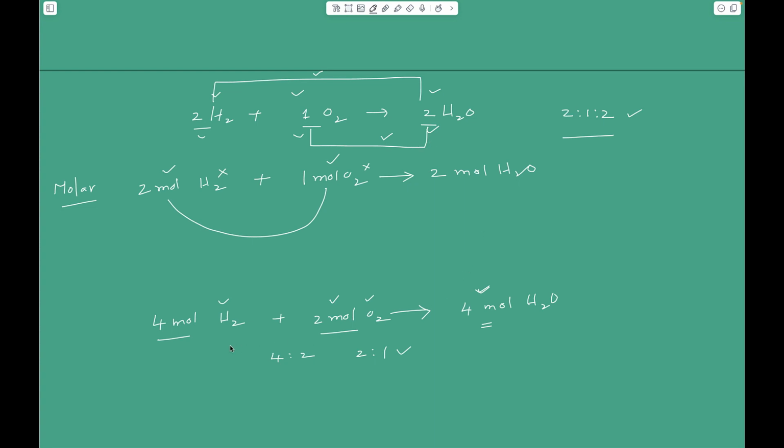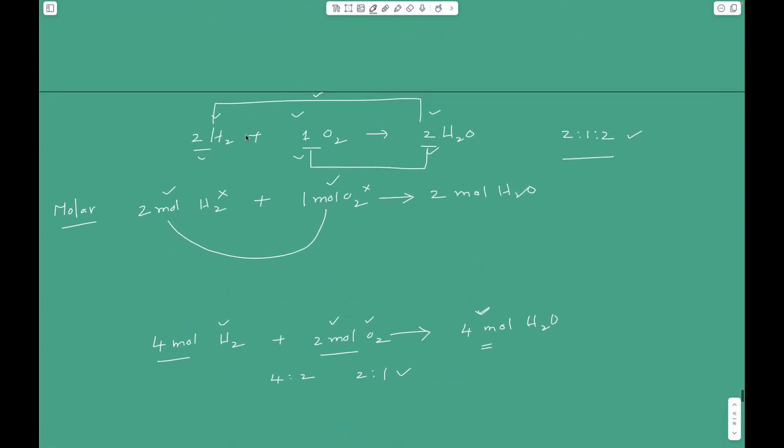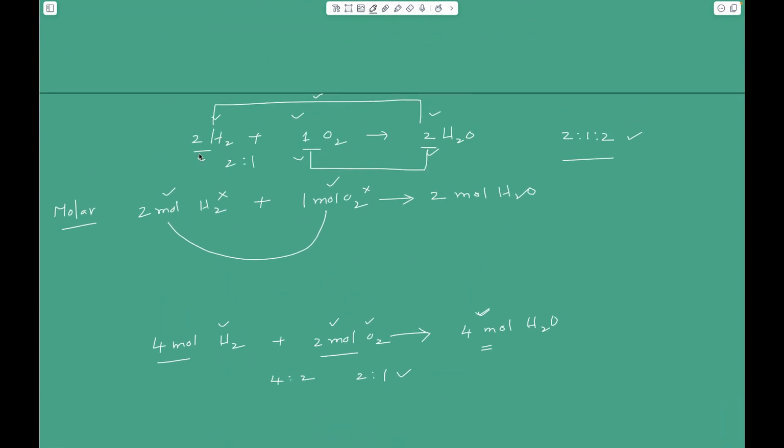That is because the quantities of hydrogen and oxygen that I took are in the same ratio as their stoichiometric coefficients in this equation. Now let us take another case in which we mixed 2 moles of hydrogen with 2 moles of oxygen, and we want to know the amount of water formed in this case. By looking at these amounts, you understand that they are in the ratio of 1 to 1, and this ratio is not the same as the ratio between their stoichiometric coefficients.